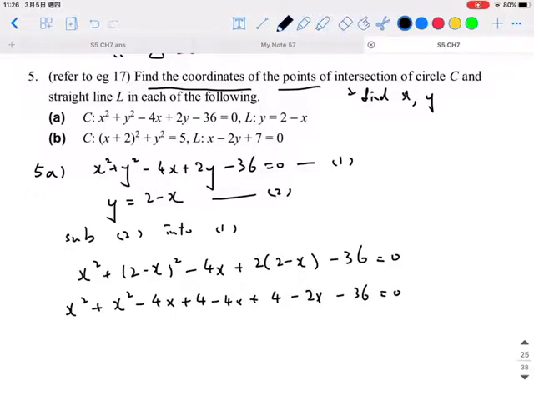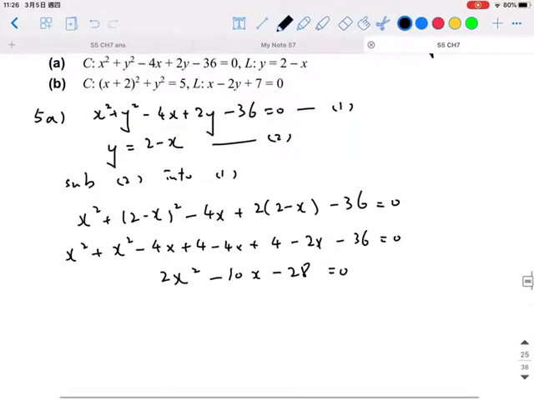And you will get 2x squared minus 10x minus 28 equal to 0. After you solve the equation, you will get x is equal to 7 or x is equal to -2. So once you finish, you must substitute into the straight line.